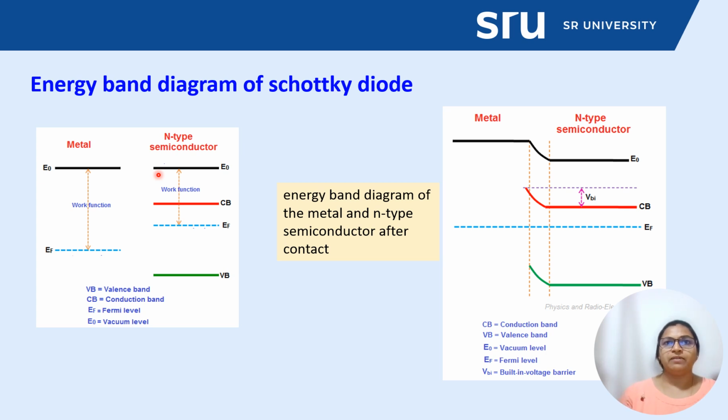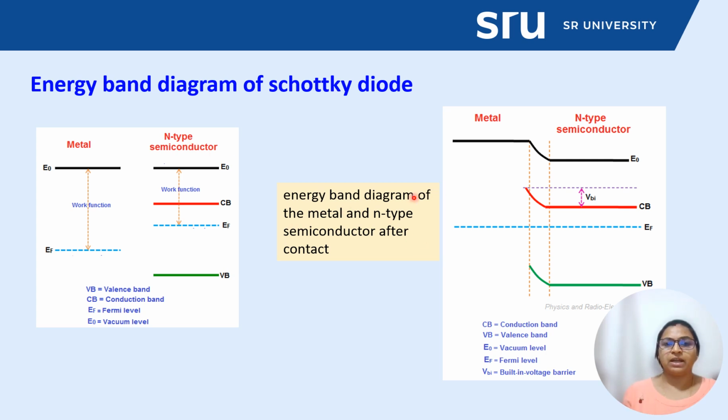The energy levels of metal and semiconductor are different. We know that an electron at a higher energy level has more potential energy than an electron at a lower energy level. So electrons in the semiconductor have more potential energy than the electrons in the metal.